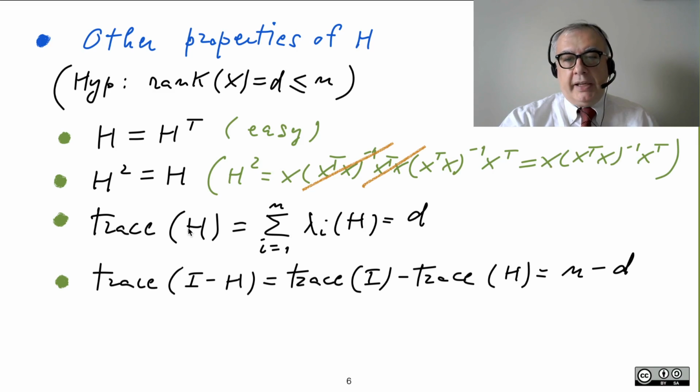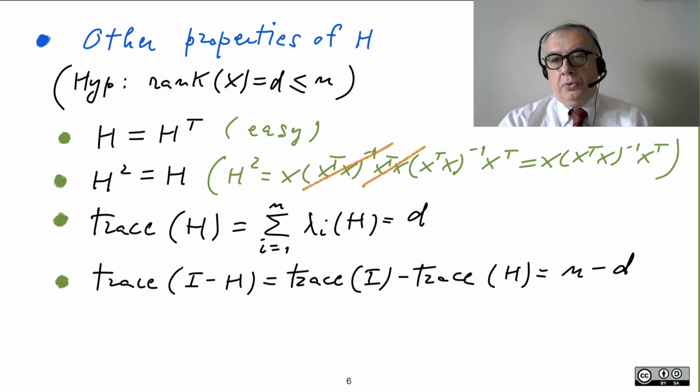The trace of H, of course, is equal to the sum of its eigenvalues, but since the eigenvalues are all equal to 1 or 0, and the number of non-zero eigenvalues is equal to D, the trace of H is equal to D. And the trace of I minus H, where I is the identity matrix, is the trace of the identity minus the trace of H, and therefore it is N minus D.